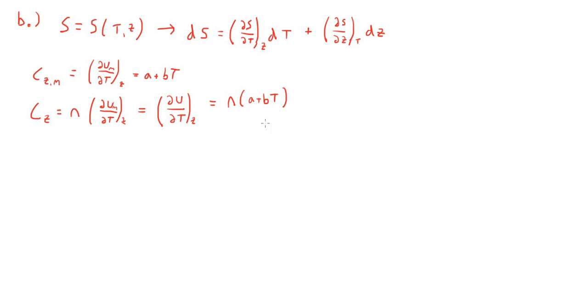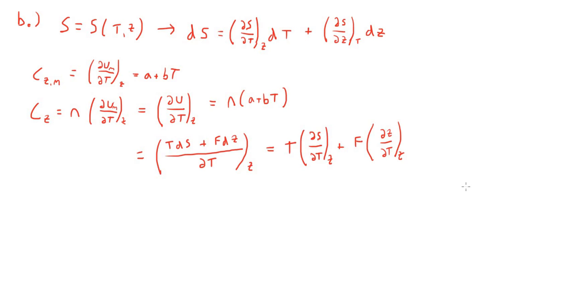So now that we have this expression right here, the next thing that we're going to do is plug in the equation for dU that we found in part A and simplify the expression. So with this simplified expression, we have the change of z over the change of T at constant z. So this is just going to cancel out and go to 0.